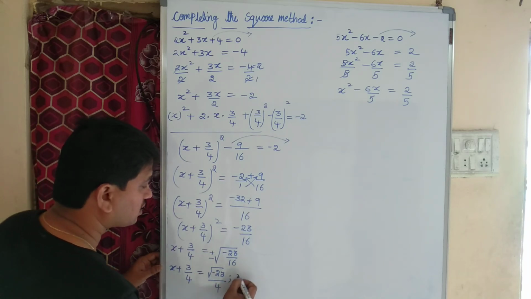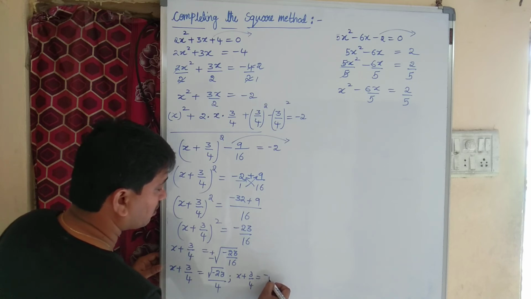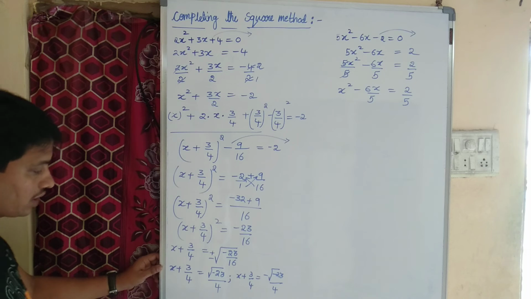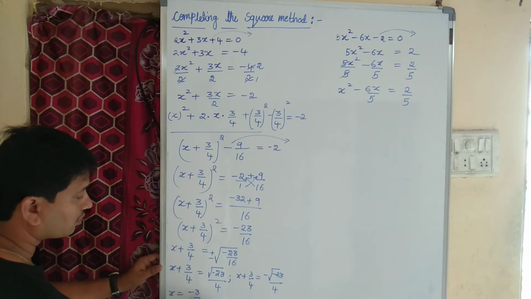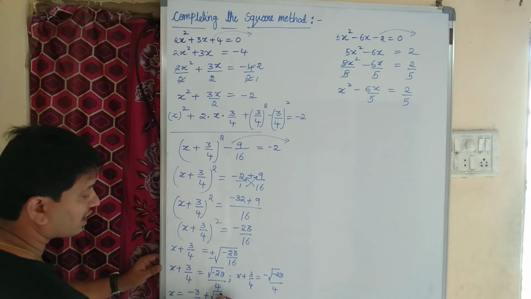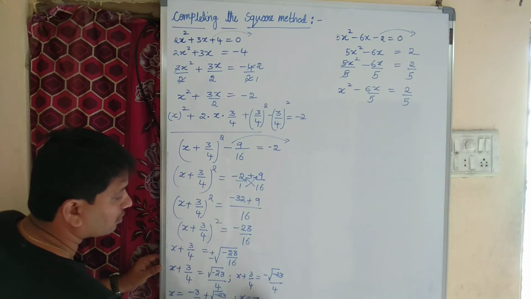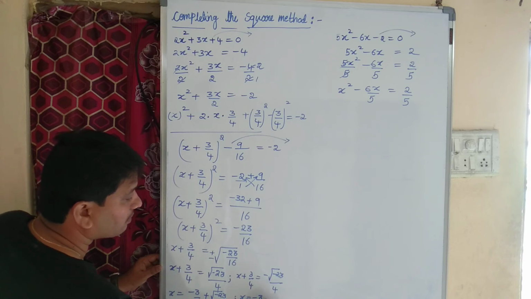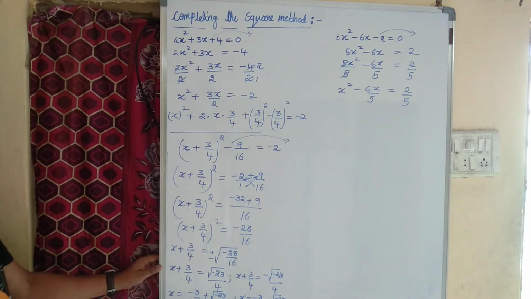And the second time x plus 3 by 4 equal to minus root 23 by 4. Plus 3 by 4 you transpose, it will become x equal to minus 3 by 4 plus root over minus 23 by 4. Again second time, plus 3 by 4 you transpose, minus 3 by 4 minus root over minus 23 by 4. They are the two roots of the quadratic equation.